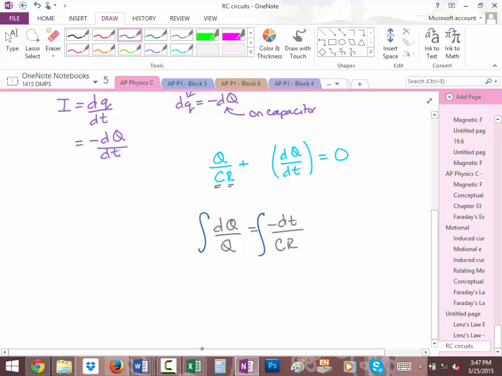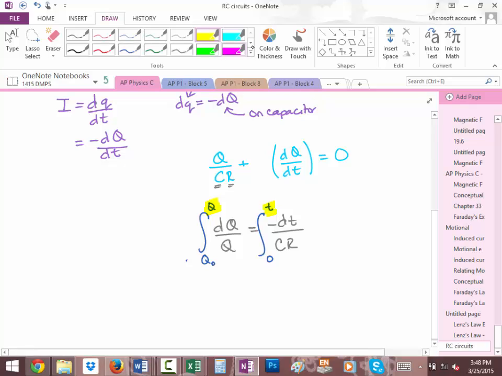On the Q side, we're going to start with whatever initial Q we have, Q naught, and get to some other value, Q. And on the t side, we're going to start from some time 0 to the time that we're actually talking about, t. So the amount of charge, this Q up here in the limits of integration, is the amount of charge that will be present on the capacitor at this time t. Everybody okay there?